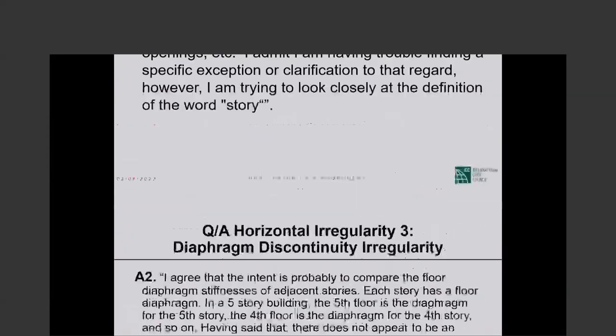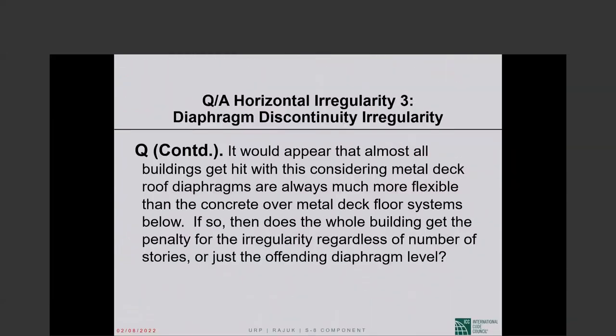The second question, on which we have spent a lot of time, because this is an important question. In office buildings, the floors are typically steel. Well, first of all, many office buildings are made of steel, and the floors are steel decks that are topped with concrete. But the roof level steel deck is typically not topped.